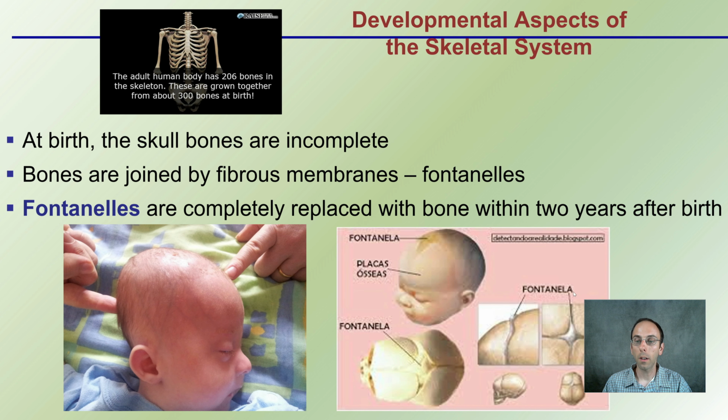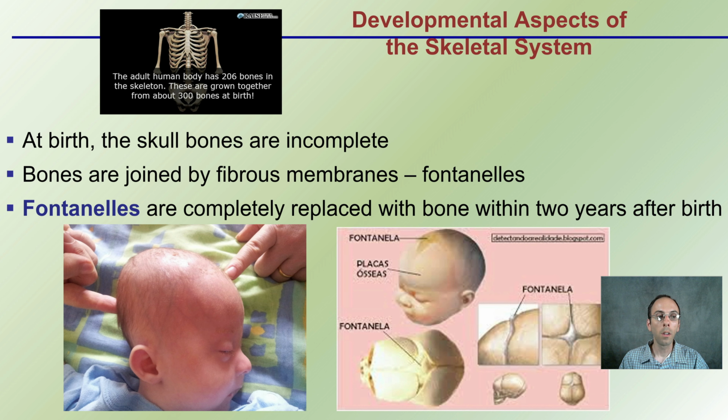During the development of the skeletal system, at birth, the skull bones are not quite complete. There's actually room for them to move, and they're not quite fully fused yet. The adult human only has 206 bones that have grown together from about 300 bones at birth. Within the skull, just as an example, bones are joined by fibrous membranes called fontanelles.